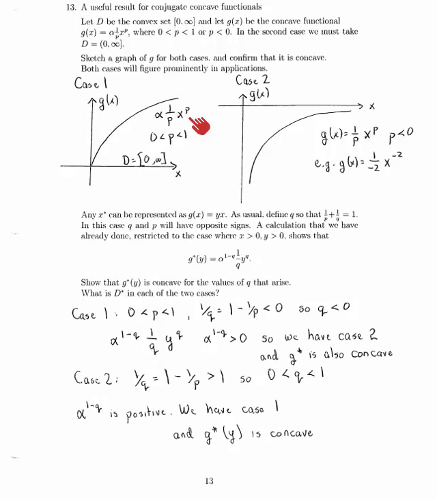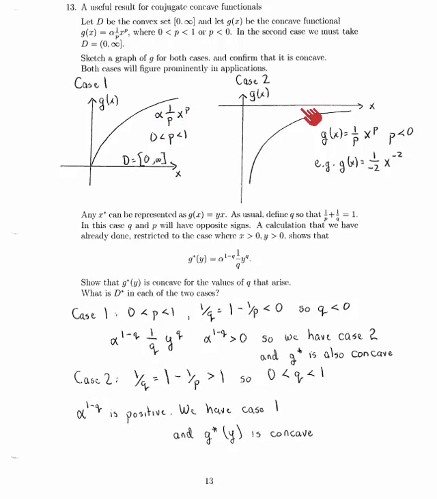Here's the first case. The first case is an exponent p that's in between 0 and 1. An example of this would be the square root of x. And I want to specify my function as alpha over p times x to the p because I did a computation of the conjugate functional that was just as valid for p less than 1 as for p greater than 1.